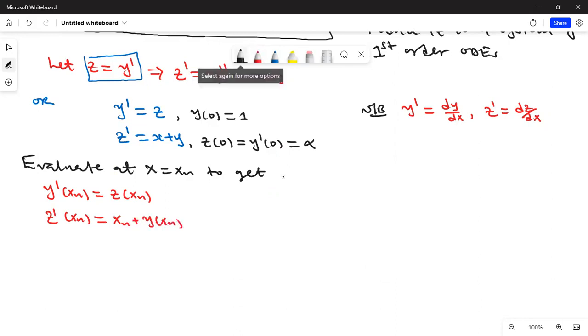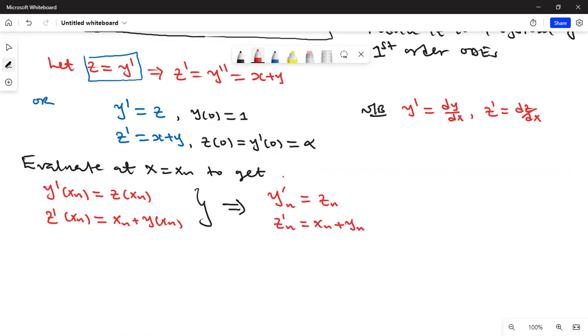This is the same as writing that y prime n equals zn, and z prime n equals xn plus yn.